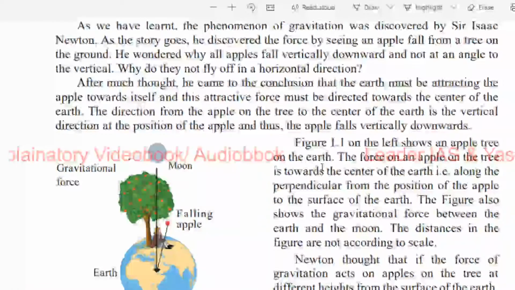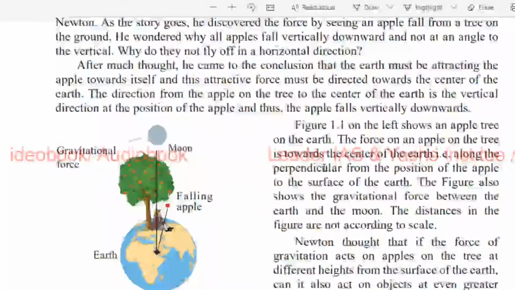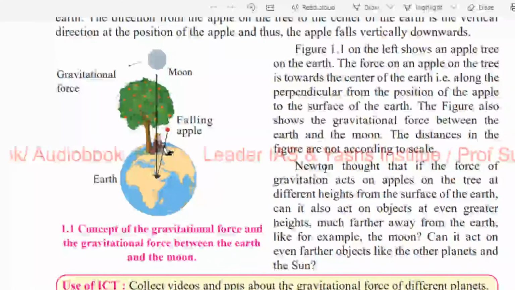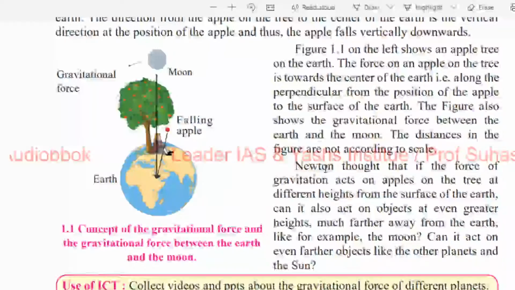The direction from the apple on the tree to the center of the earth is a vertical direction at the position of the apple, and thus the apple falls vertically downward. In figure 1.1, see the concept of the gravitational force and the gravitational force between the earth and the moon.